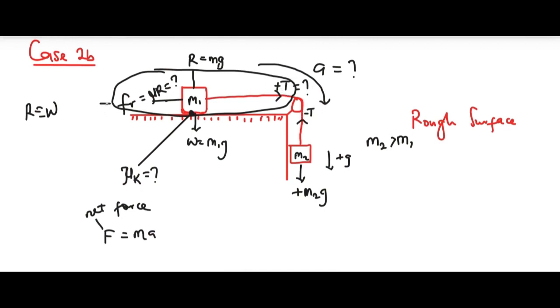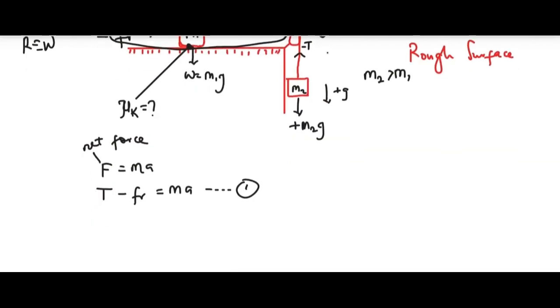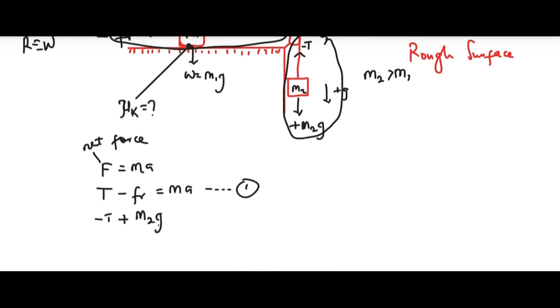Does that make sense? Hence, your frictional force is negative, right? So tension minus Fr, everything will be equal to Ma. This will be equation 1. So for the other equation, tension and this, so you have minus T plus M2G, right, equals MA.